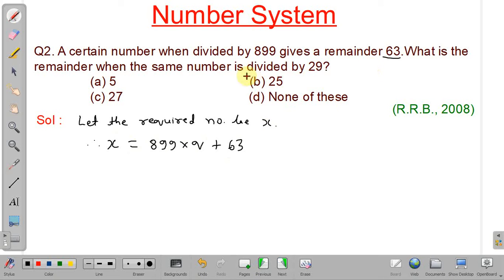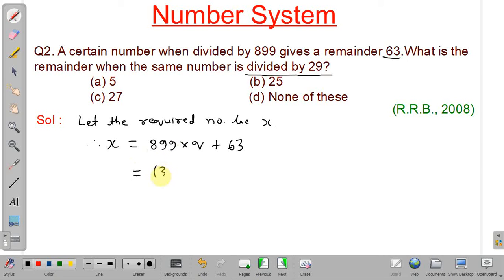Okay. Next case, we have to find the remainder when the number is divided by 29. So we can arrange this in the form which has a factor 29. So when we divide 899 by 29, we will get 31.